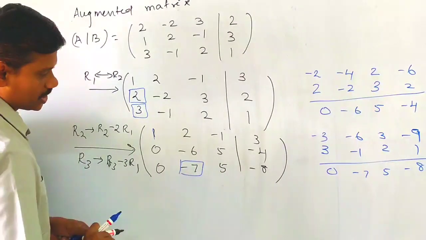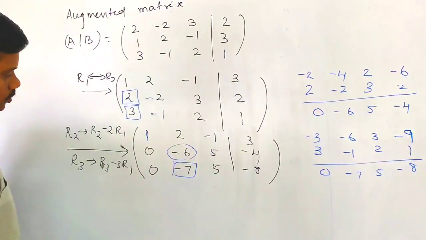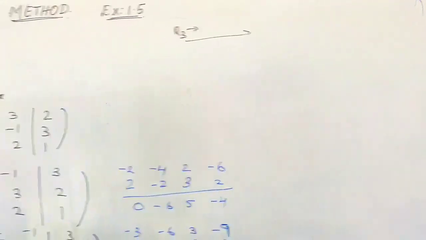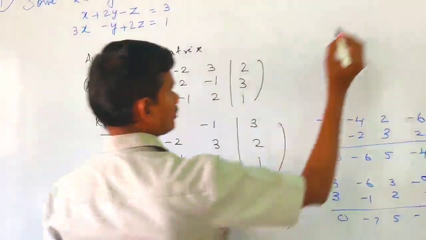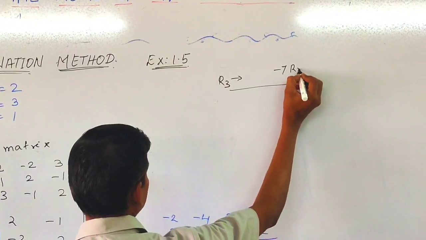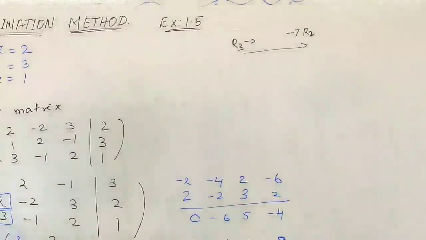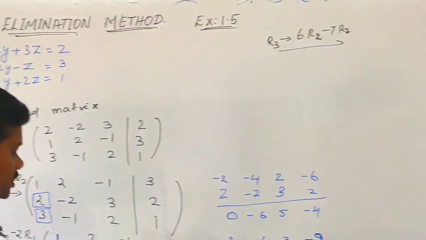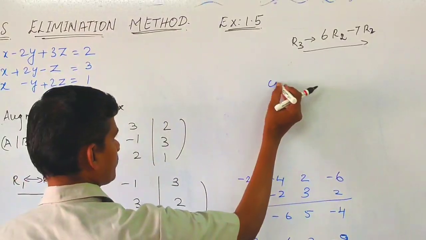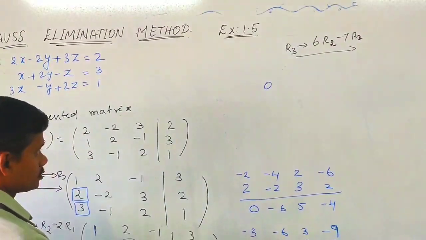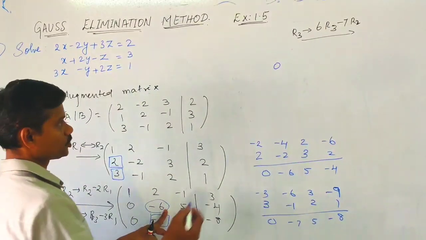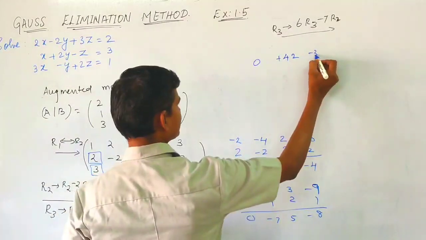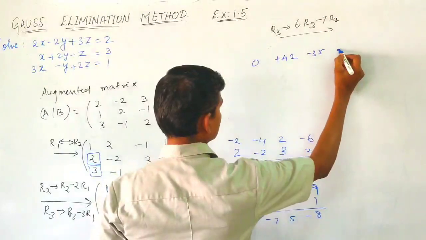To make this element 0, I have to use row 2. The transformation is R3 implies 6 times R3 minus 7 times R2. I multiply R2 with minus 7: 0, minus 6 into minus 7 gives plus 42, minus 7 into 5 gives minus 35, minus 7 into minus 4 gives plus 28.